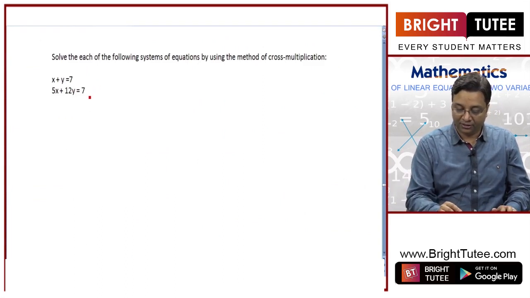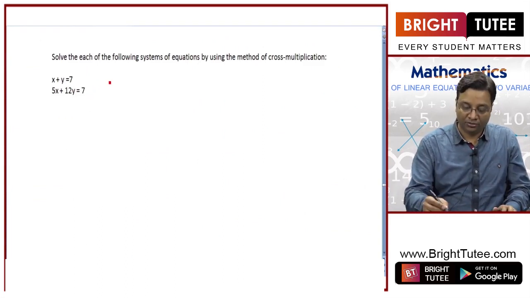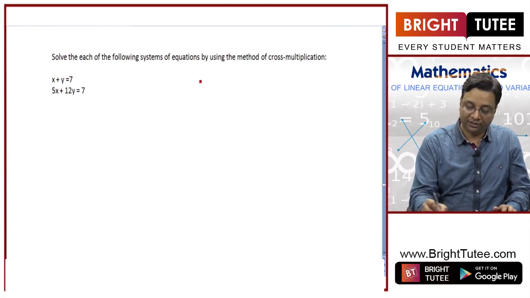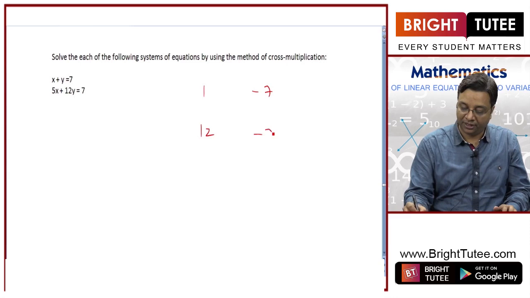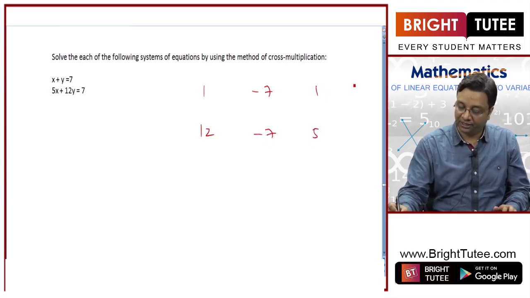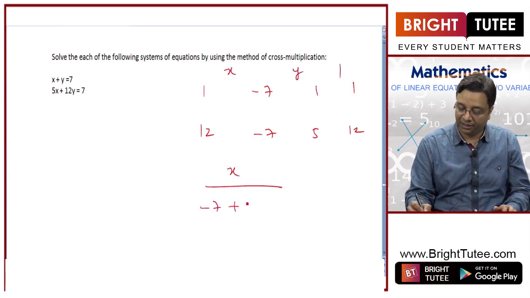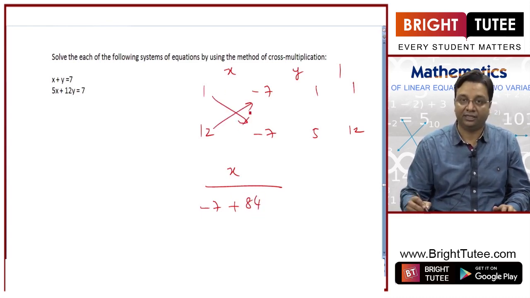This one should be done by you. So, I will just write the coefficients. You write the coefficient like this: 1, 12, minus 7, 1, 5, and then 1, 12 once again, x, y and 1. So, x divided by minus 7 plus 84, right, this is minus 7, this will give you minus 84.